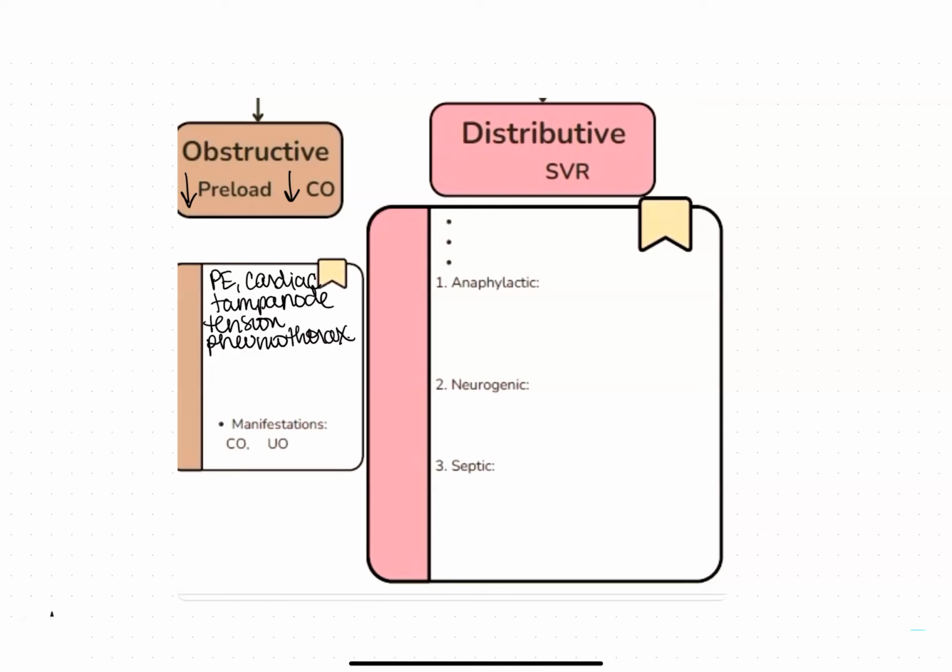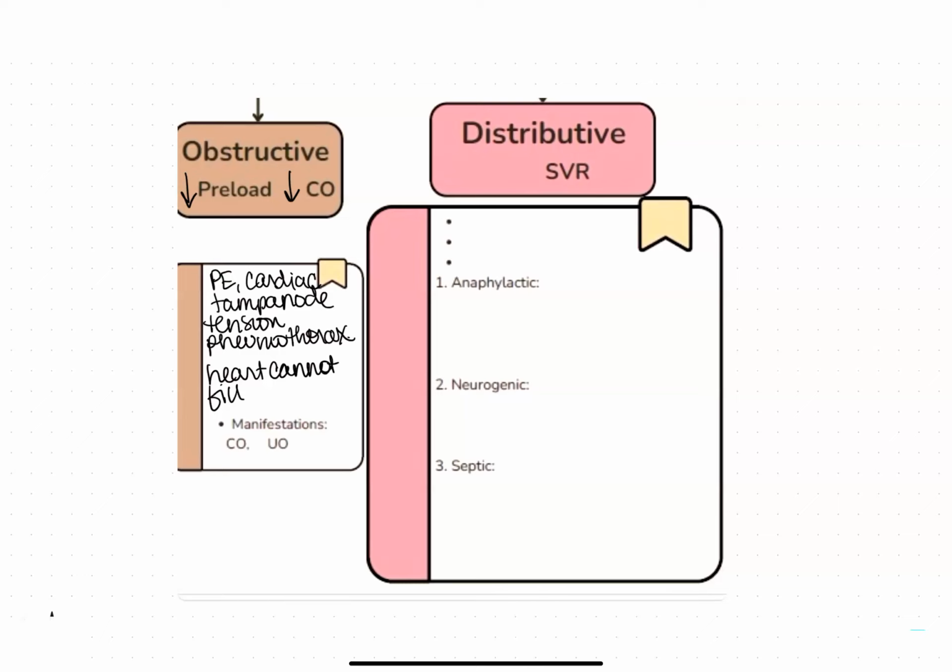What happens in obstructive shock is that there's an actual mechanical obstruction or compression of the heart that restricts the heart from being able to fill. If the heart cannot fill, then it obviously can't pump cardiac output.